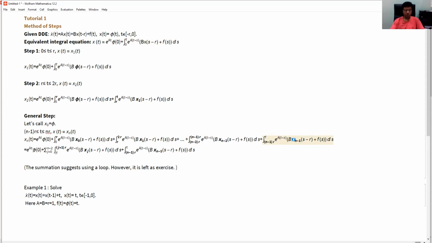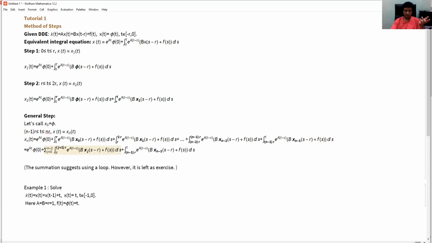So this can be put in the summation. We put summation for the terms from second to second last term. The first term is as it is, e raised to at into phi of 0, and the last term will also be there as it is. For other terms, we can write summation j equal to 0 to n minus 2. So what is changing? Limits are changing: j r to (j plus 1) r.